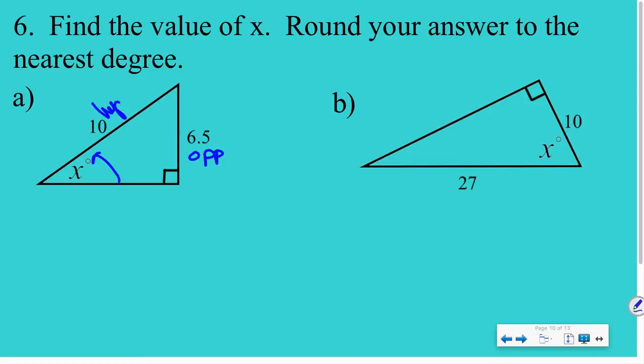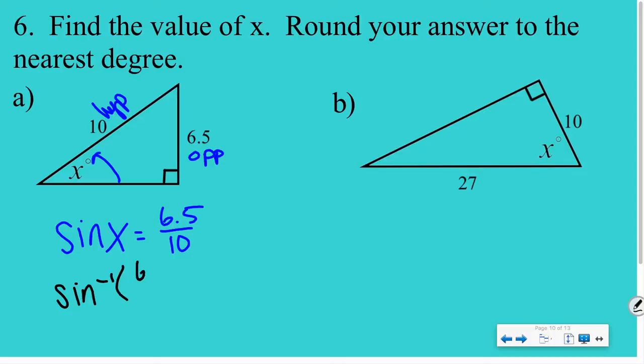So SOHCAHTOA tells us to use sine, cosine, or tangent. Sine. So you should have the sine of x equals 6.5 over 10. When you want to try and find the angle measure, you're going to use your inverse. So the sine inverse of 6.5 over 10 equals x. To the nearest degree, Taylor, what did you come up with?